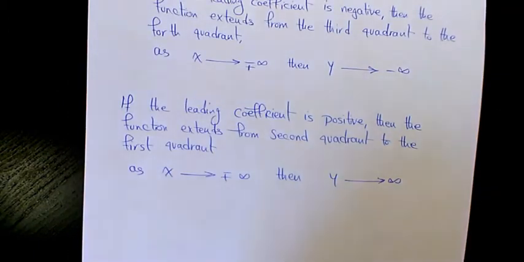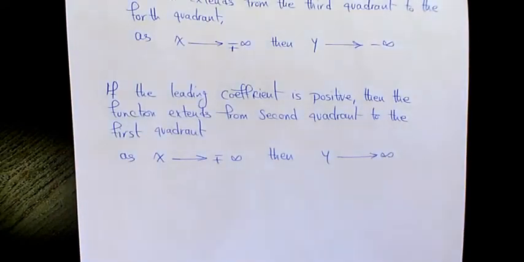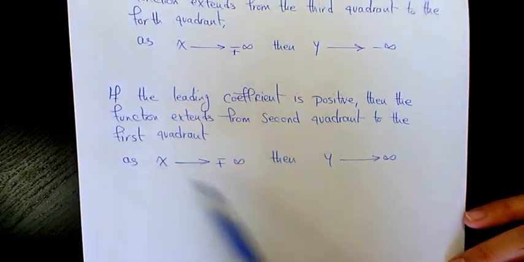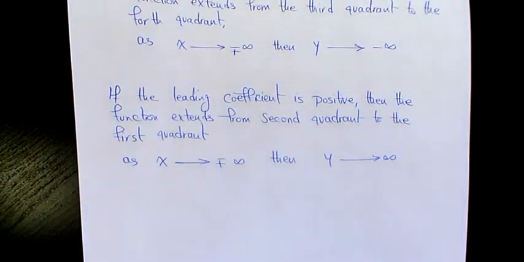So that's the even degree polynomial function with a negative leading coefficient. Now let's take a look at an even degree polynomial function with a positive leading coefficient. If the leading coefficient is positive, then the function extends from the second quadrant to the first quadrant. So as x goes to negative or positive infinity, y goes to positive infinity, which means it is going to be like that, like this, or like this.